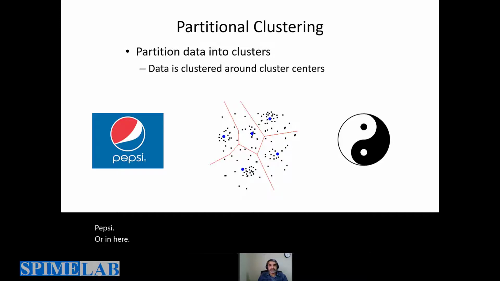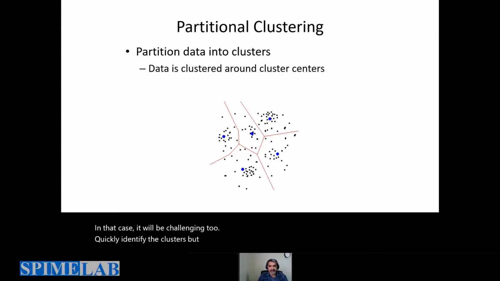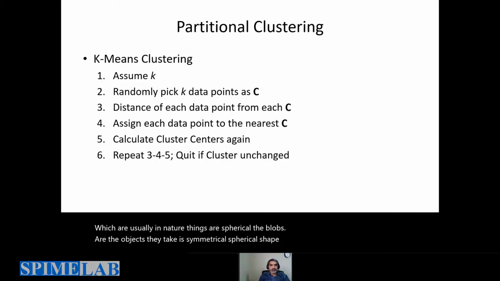In that case, it will be challenging to correctly identify the clusters, but as long as things are spherical, which usually in nature they are, the blobs or the objects take a symmetrical spherical shape, so partitional clustering works well.